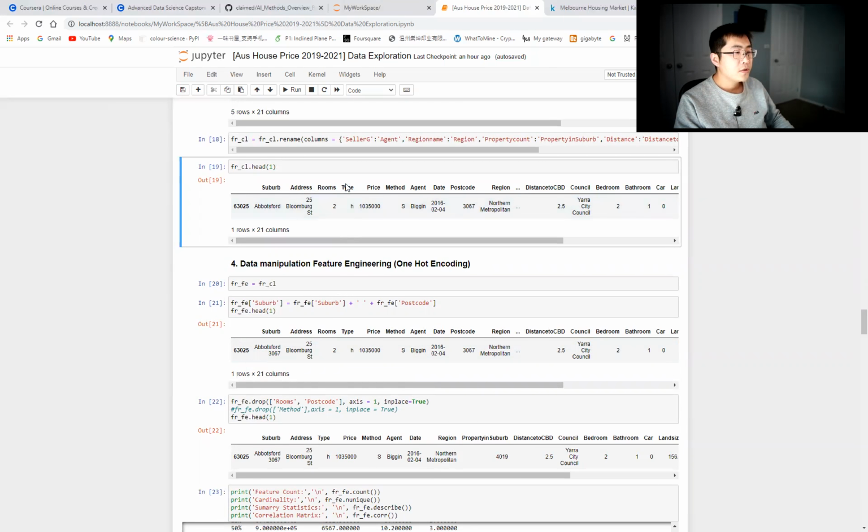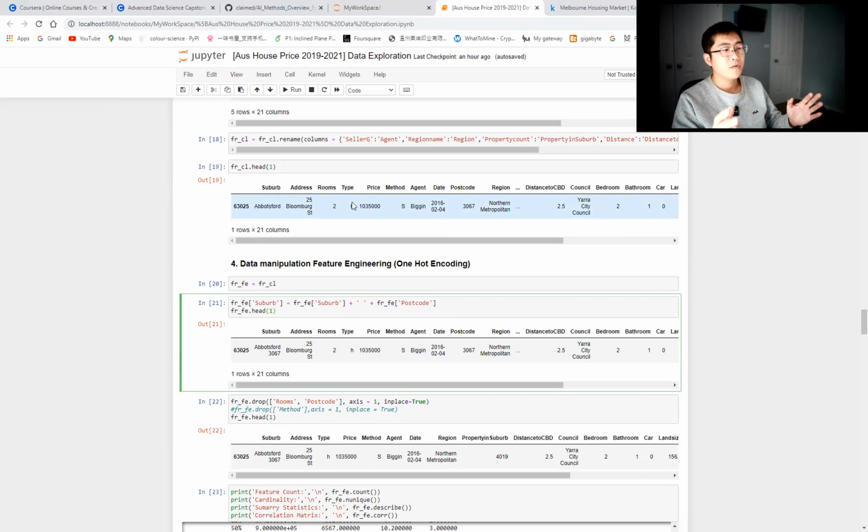As mentioned, we do have some data types which are categorical data. In order to put them into a machine learning model, we need them to be numerical. Here we want to perform some one-hot encoding for some very important data types, like what type of house is it?